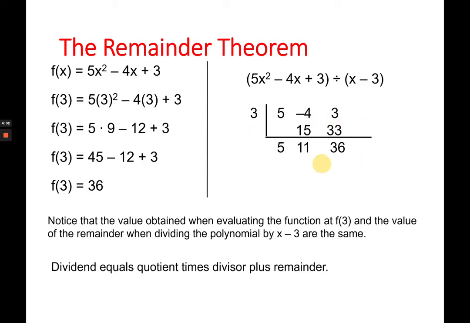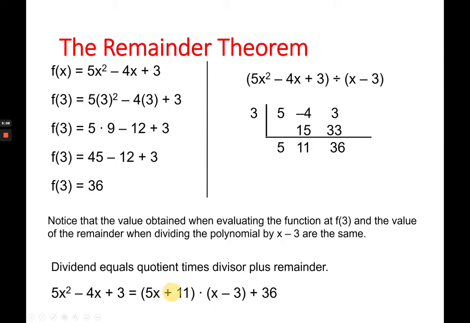This is where your synthetic substitution will be helpful, to find a remainder of a given polynomial divided by x plus or minus a number. To make sense of the given, you have the quotient 5x plus 11, times your divisor x minus 3, plus the remainder 36.